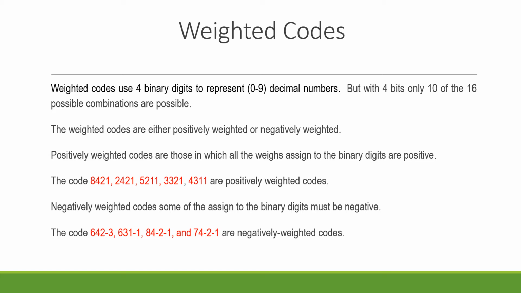The weighted codes can be positively weighted or negatively weighted. Positively weighted codes are those in which all the weights assigned to the binary digits are positive. Some of the positively weighted codes are 8421, which we are going to study, 2421, 5211, 3321, 4311.